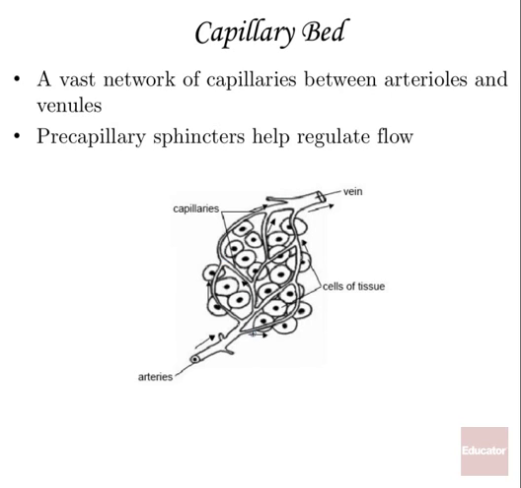You can shunt blood, meaning direct blood in very specific ways to certain tissues more than others, depending on need. If you have a need in a certain organ for more blood at that time, you can physically manipulate what parts of the capillary beds are going to be having slightly more blood flow than others. So that's a nice adaptation to have.